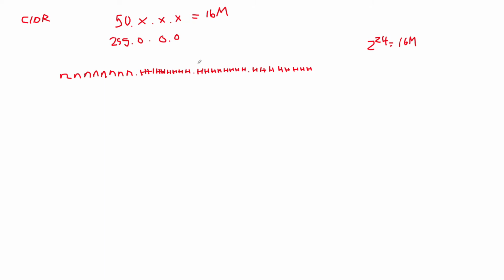So what it'll do is use this classless numbering system. They'd be given this 50 network, maybe from IANA or one of these organizations that divvies out IP addresses. Be given this big network, and what they'll do is they'll modify the subnet mask.